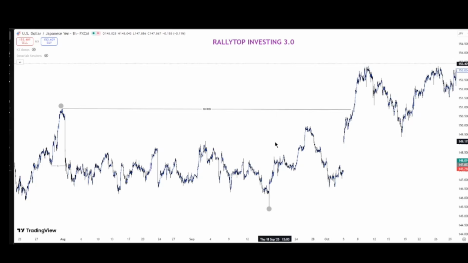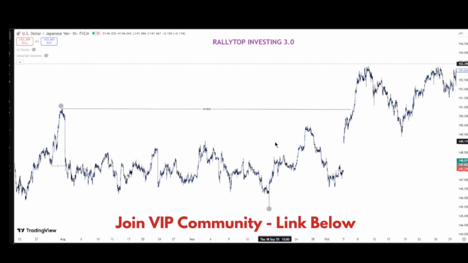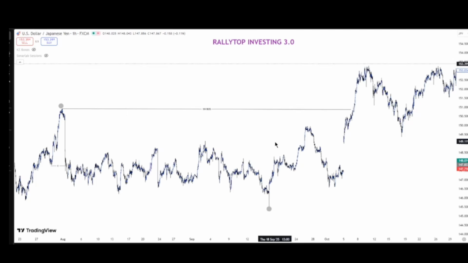Now, problem is a lot of traders have a difficult time understanding where their true CHOCH is. Once you miss where your true CHOCH is, trust me, you'll be marking the wrong entry zones in the market and your analysis will be completely wrong.